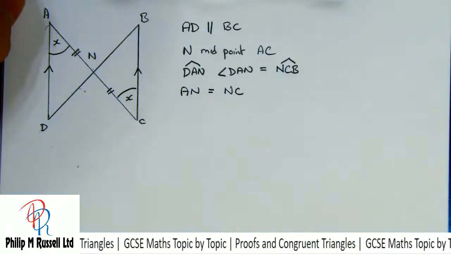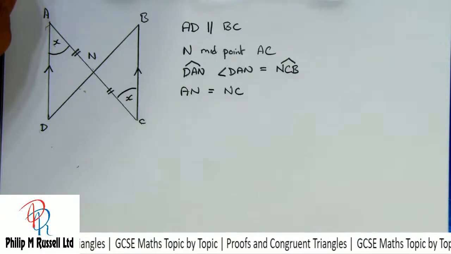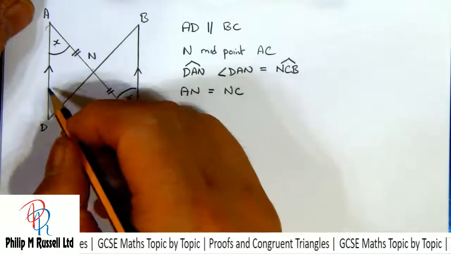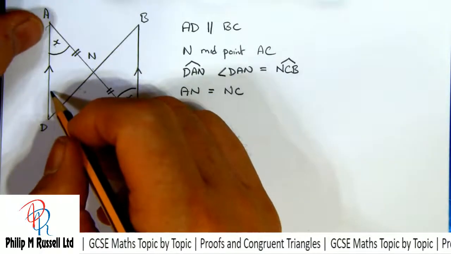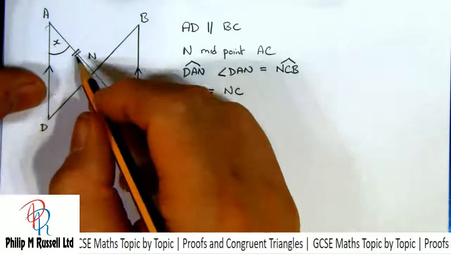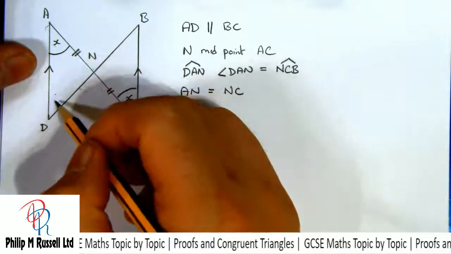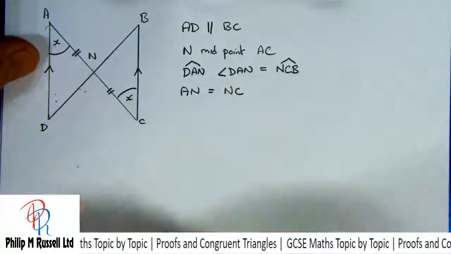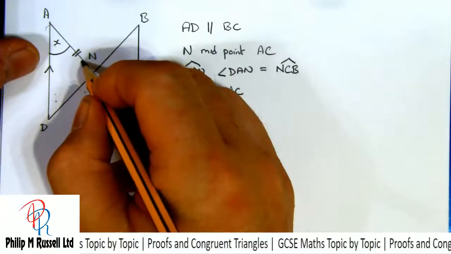Now I'm looking for something else to try and prove. Well, we could say that these 2 angles are equal, but that's not going to help me a lot, because that would give me a side, an angle and a side, but it wouldn't be the included angle. So let's look at these 2 angles here.